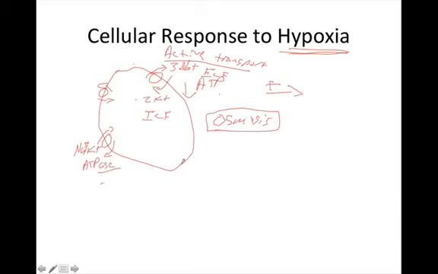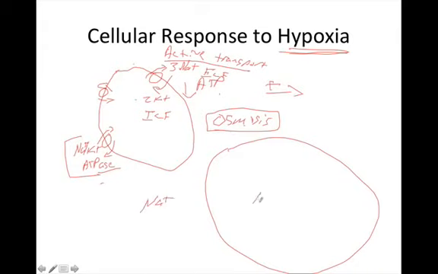That's going to cause the cell to swell, because if these pumps aren't getting the ATP that they need to create this uneven balance of sodium outside and potassium inside, we're going to see an uneven balance between these osmotic forces.